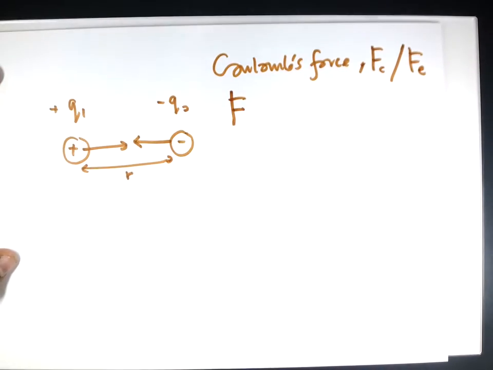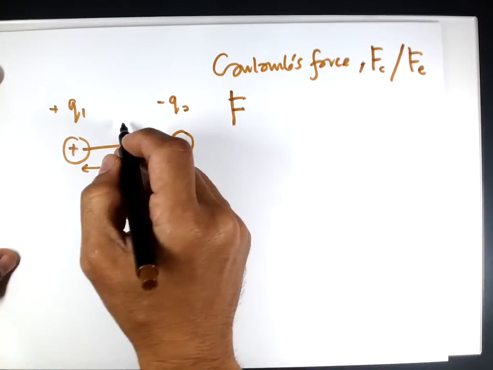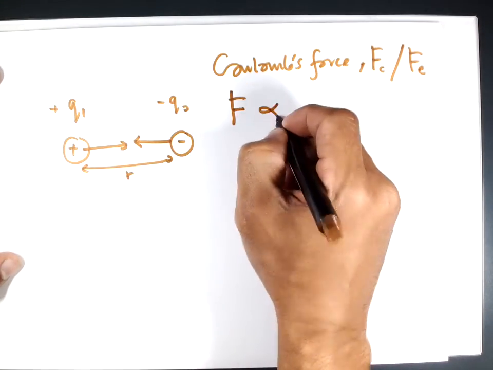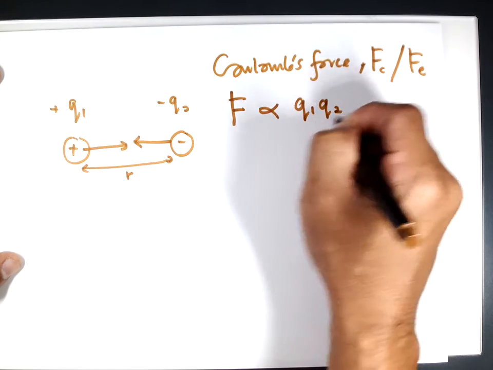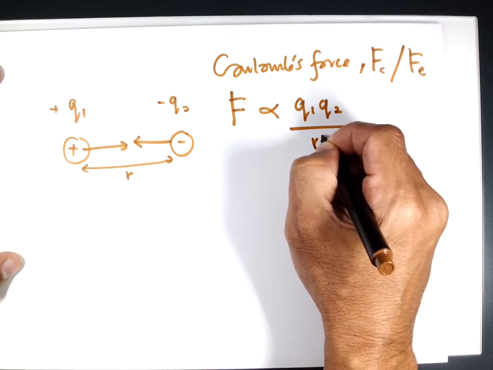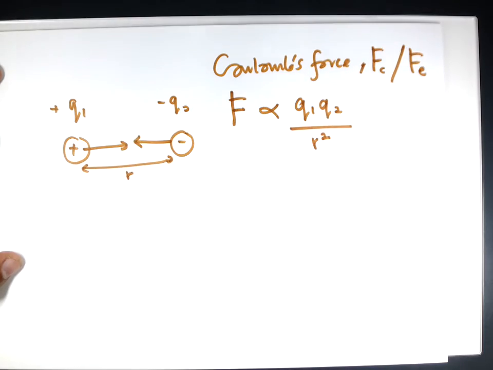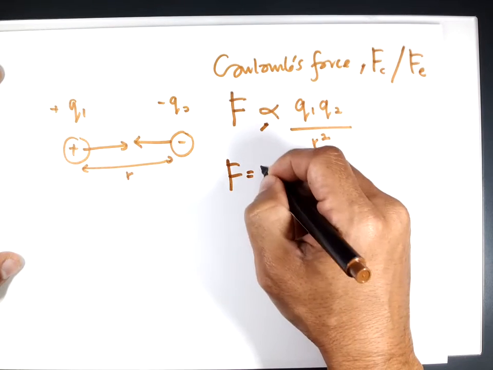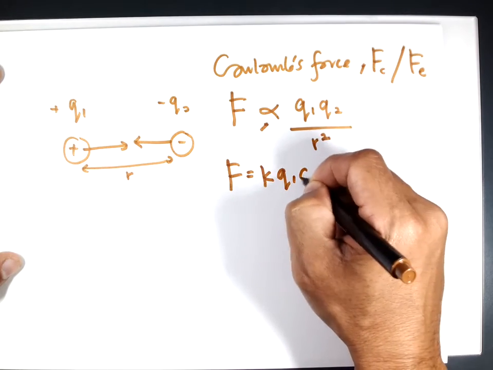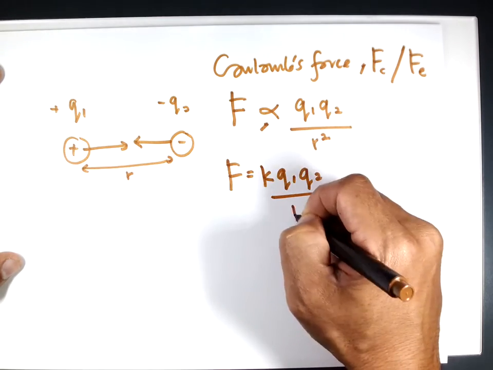So Coulomb force or Coulomb's law, okay, states that F is directly proportional to the interaction between these two charges and inversely proportional to the distance squared between them. Okay, so we have F equal to K Q1 Q2 over R squared.